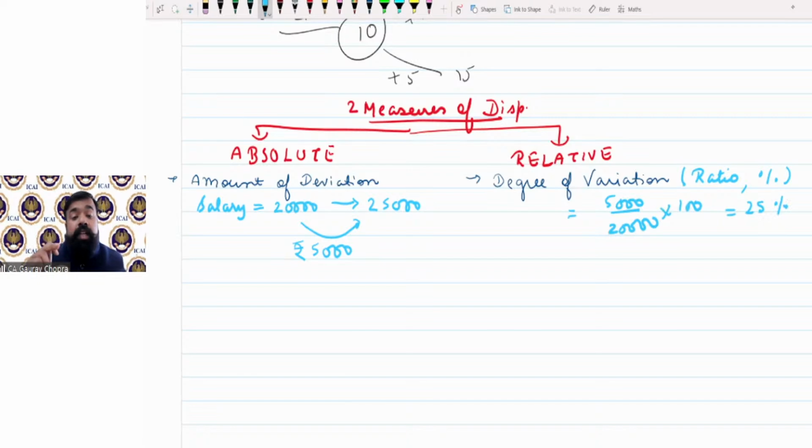So the information was same, but one statement says the salary of the person increased by 5,000. The other statement says salary of the person increased by 25%. These are the two statements from the same situation. So this is basically known as absolute measure and relative measure.